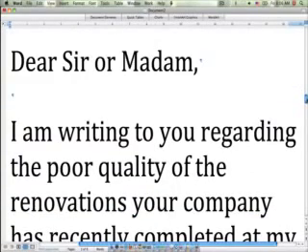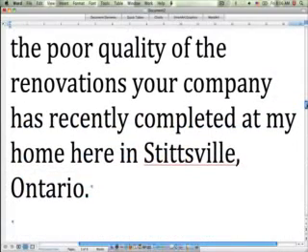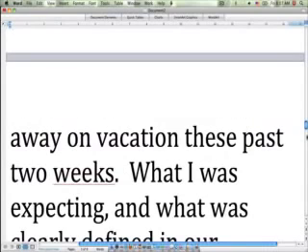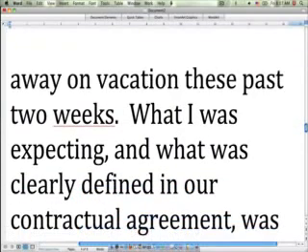Dear Sir or Madam, I am writing to you regarding the poor quality of the renovations your company has recently completed at my home here in Stittsville, Ontario. As you are aware, I had contracted your company to finish the bathroom in the master bedroom while I was away on vacation these past 2 weeks.